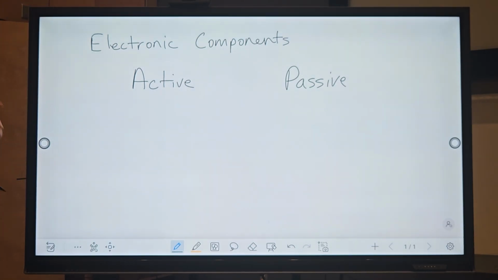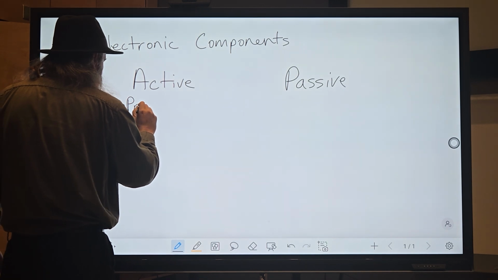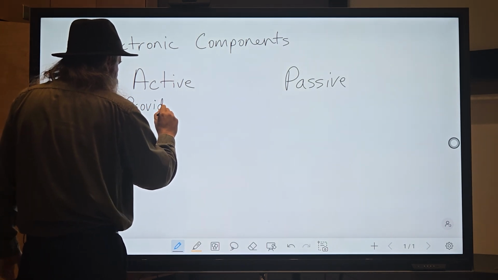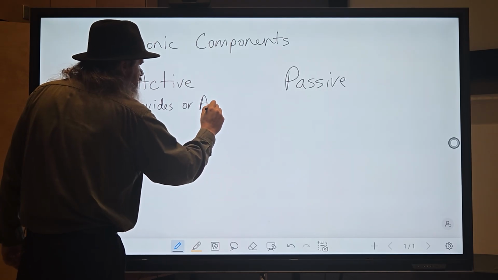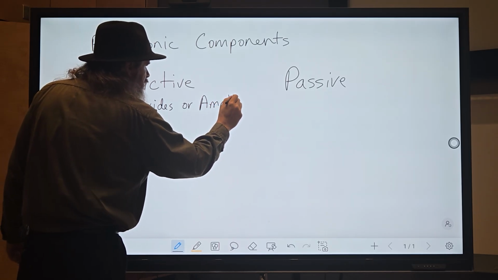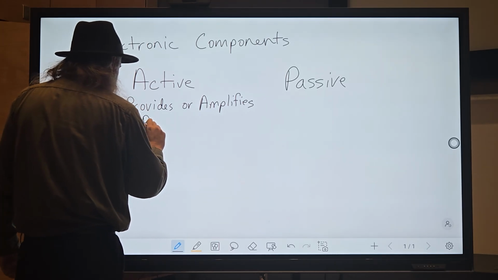Active components either provide or amplify power.